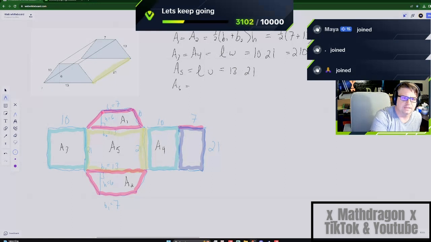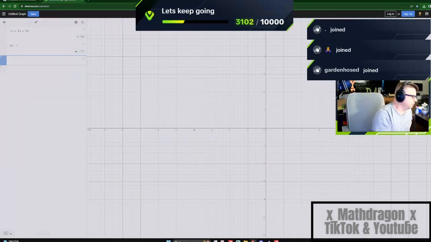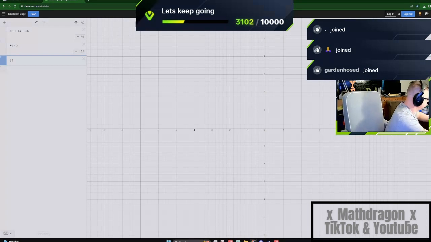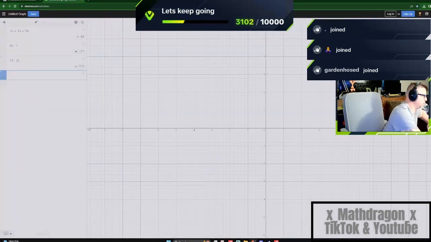And then A6 is going to be length times width, and that's 7 times 21. So 13 times 21 is 273, and 7 times 21 is 147.